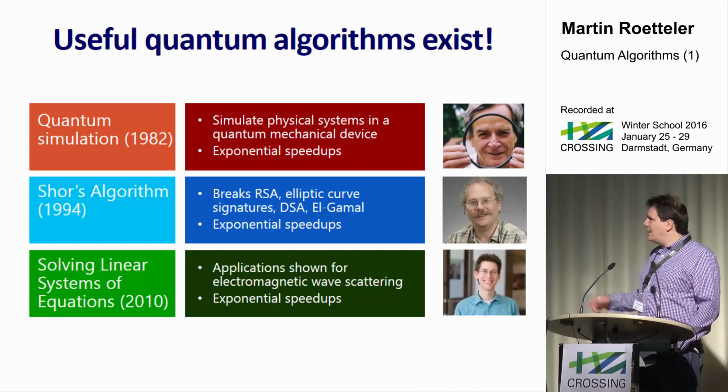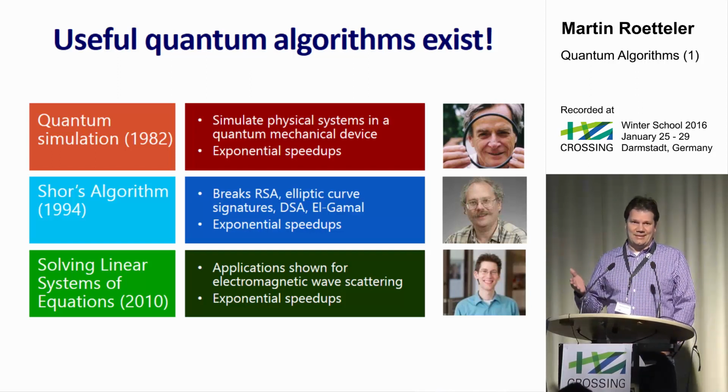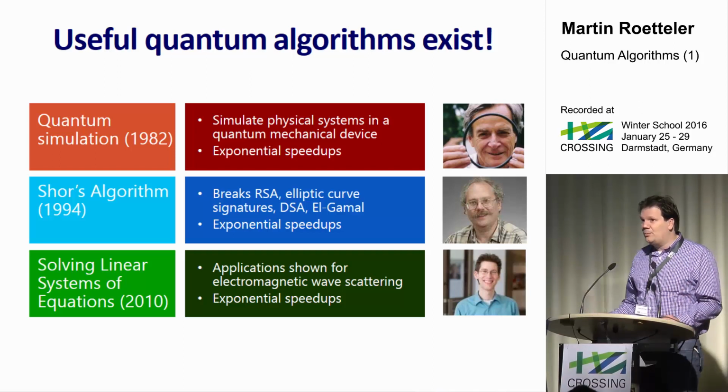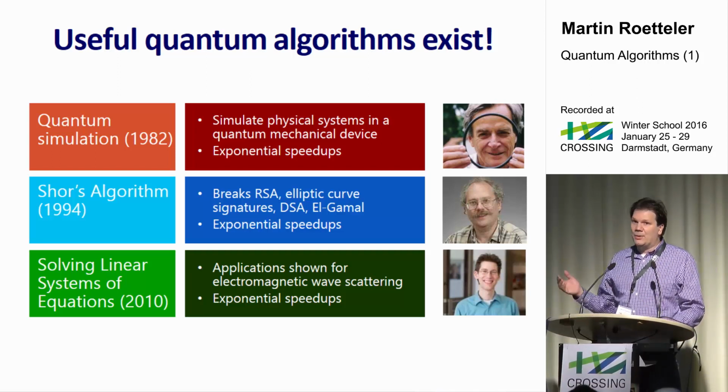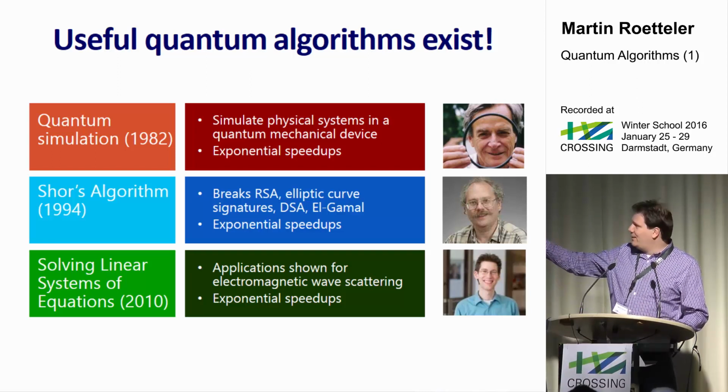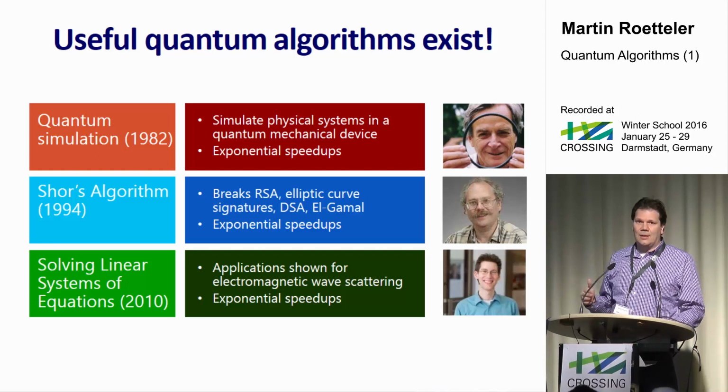What's interesting here is you would get an exponential speedup compared to the best known classical technique. Typically you cannot prove that there's a real separation from classical algorithms, because for all we know there could be an efficient classical method. Nobody believes that, but there could be. So exponential speedups in that context are always meant to be compared to the best known classical technique.